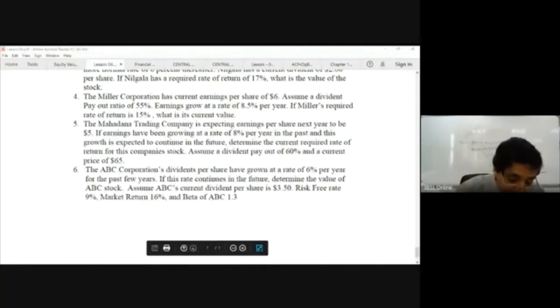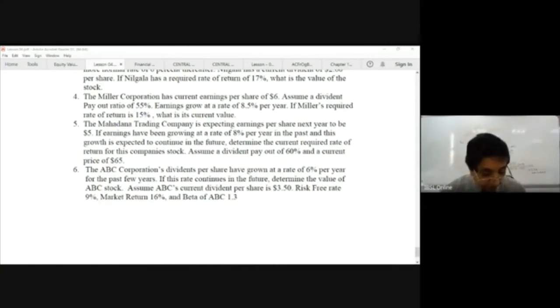Now, with the required rate of return of 18.1, you are in a position to calculate the stock price. Stock price can also be calculated.